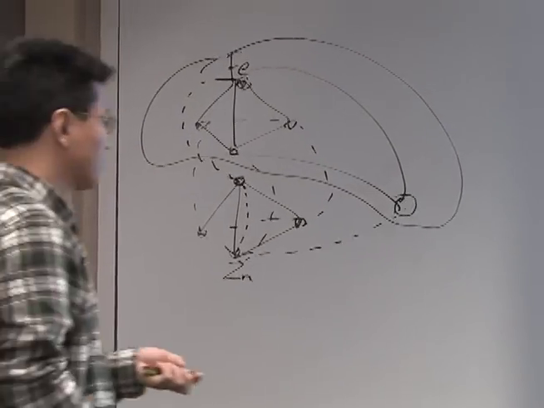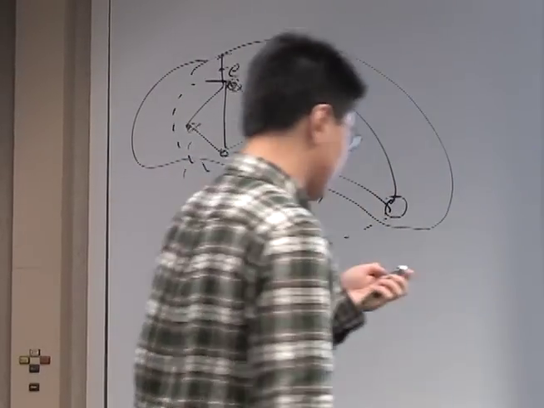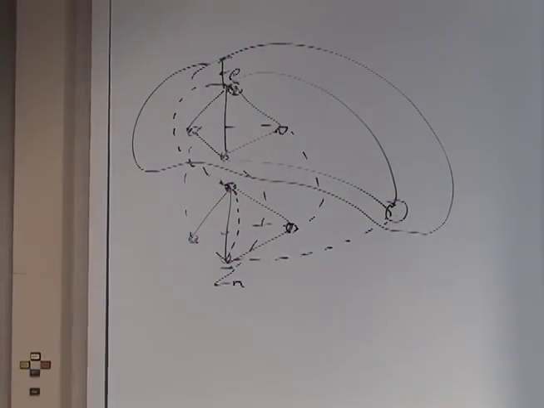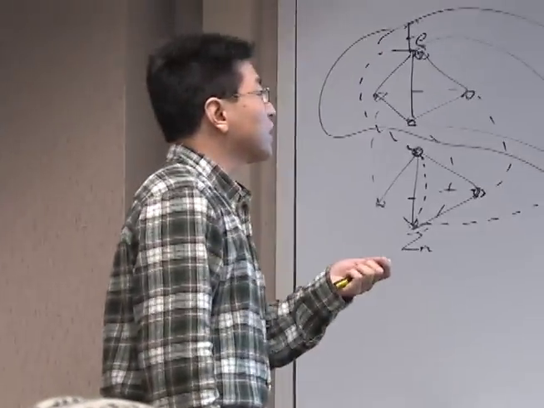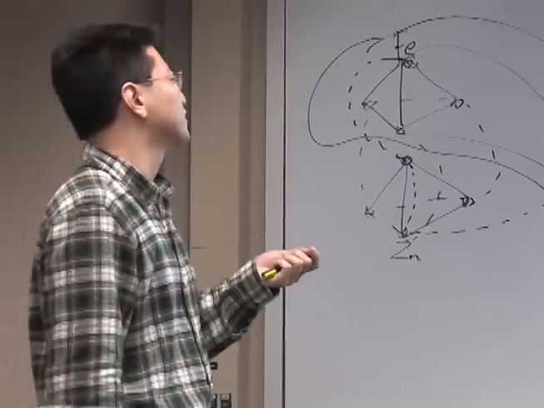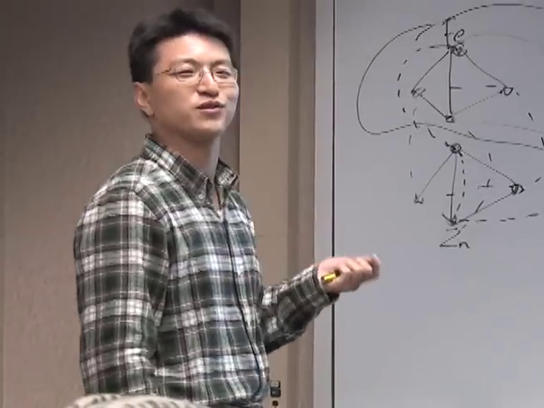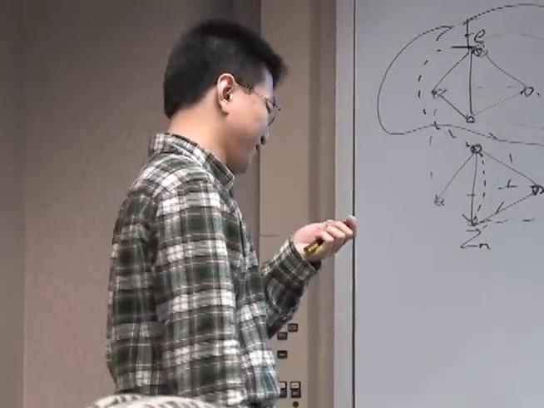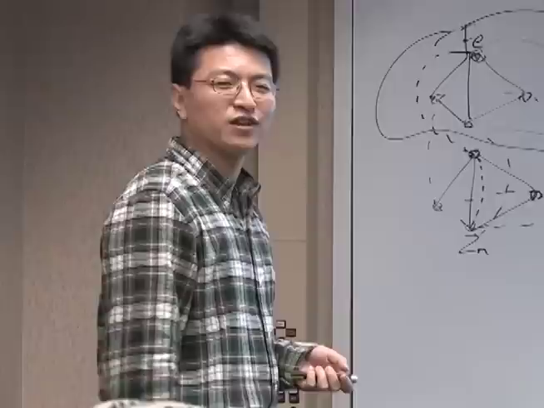So how are we going to mathematically describe this co-constraint and solve it? The algorithm we're using is called joint affinity propagation. Usually when you see joint, it means this work is the old work. Some people did it already, then we just put joint and we produce a new algorithm. So first we'll look at affinity propagation.